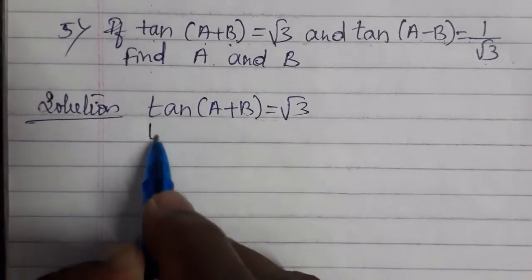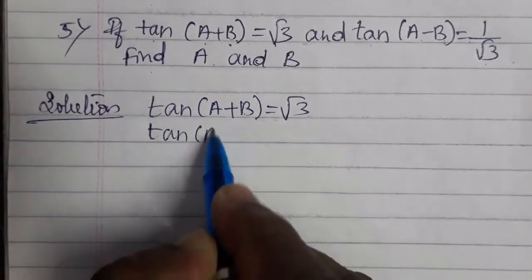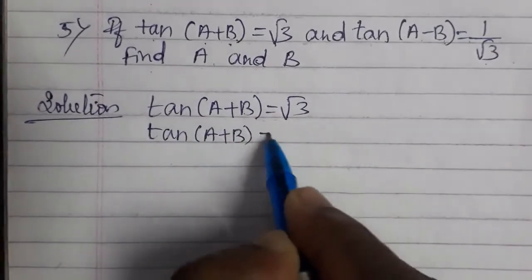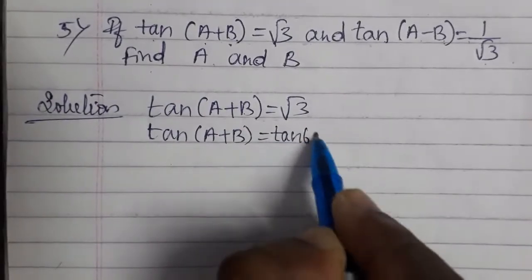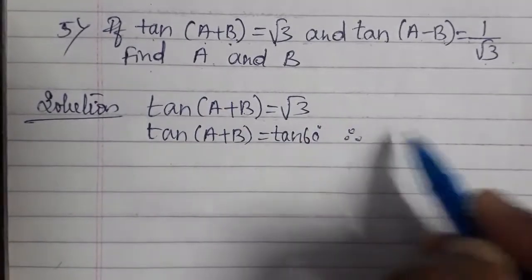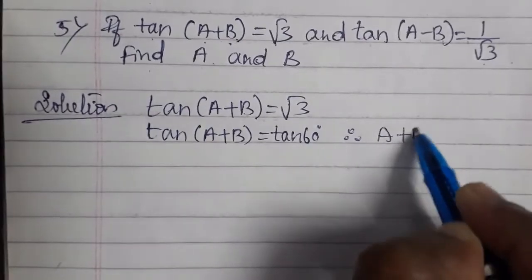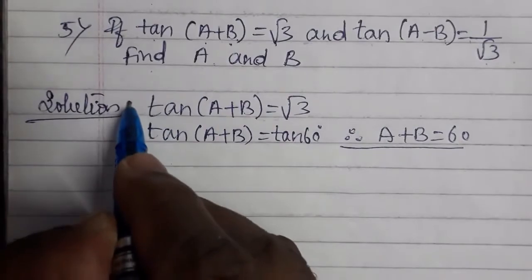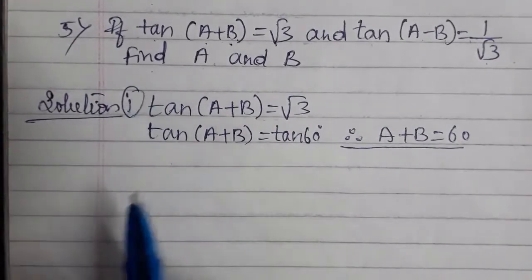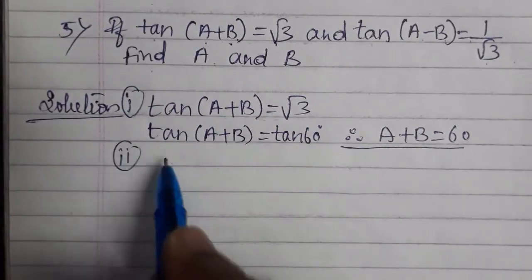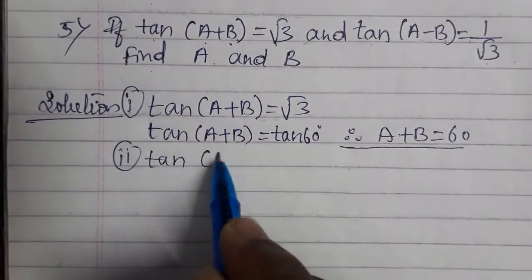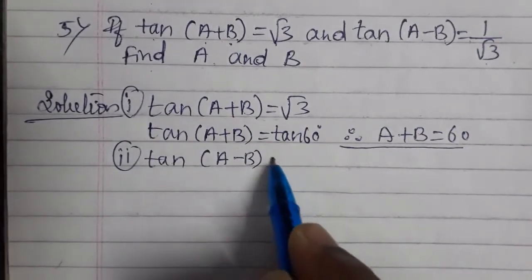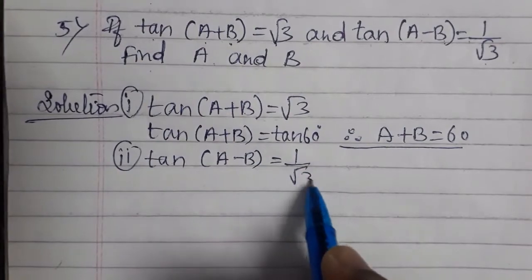So what can I write? tan(a + b) is equal to tan 60 degree. Therefore, leaving tan, I will get the equation a + b is equal to 60. Now this is the first. Now we will see the second. What has he given you? tan(a - b) is equal to 1 by root 3.